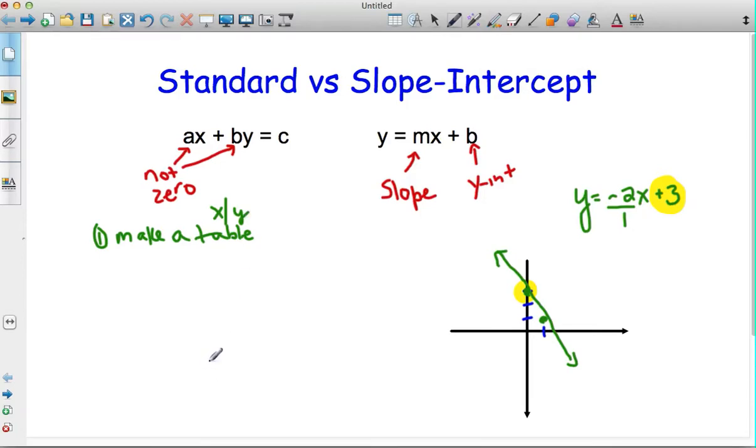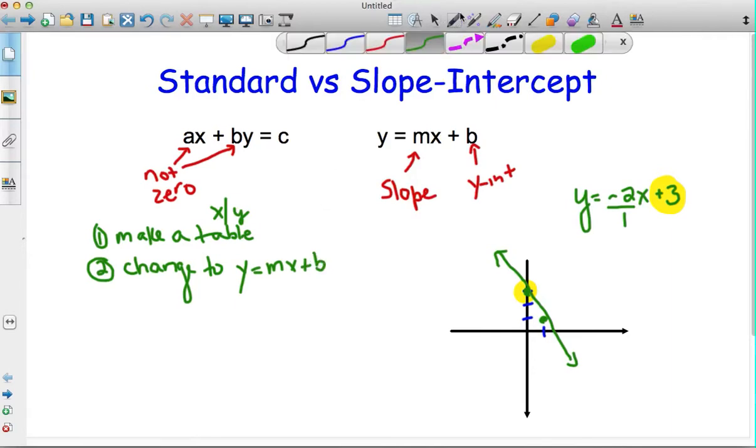Put some points in, substitute them out. Or option 2 is to change to y equals mx plus b.